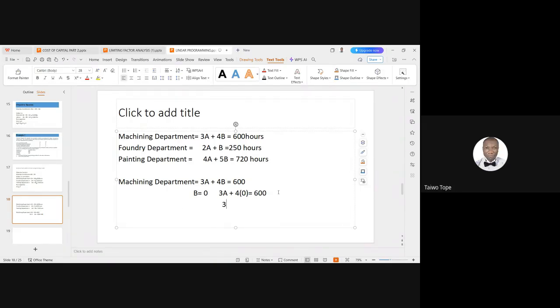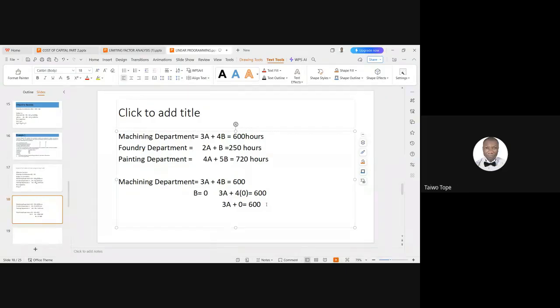I will show it step by step. So we have 3A plus 0 equal to 600. You collect like terms. If 0 should cross to the other side, it has a positive sign here, so it changes to minus 0, which is the same thing as 600.